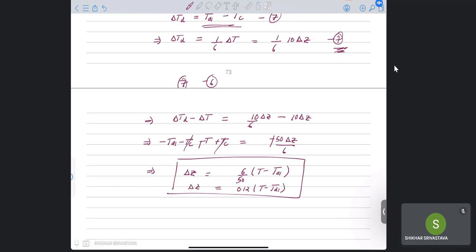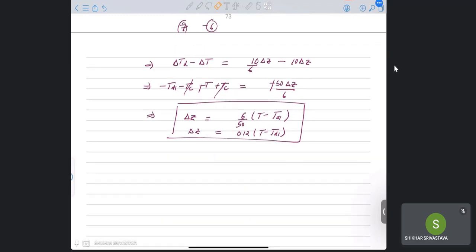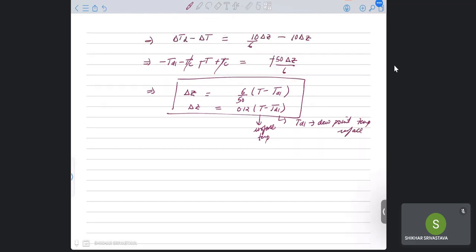You can practice the derivation later. What is this T? T is the surface temperature and Td1 is the dew point temperature at the surface. So just by knowing the surface temperature and dew point temperature, you can estimate at what height the cloud will form.